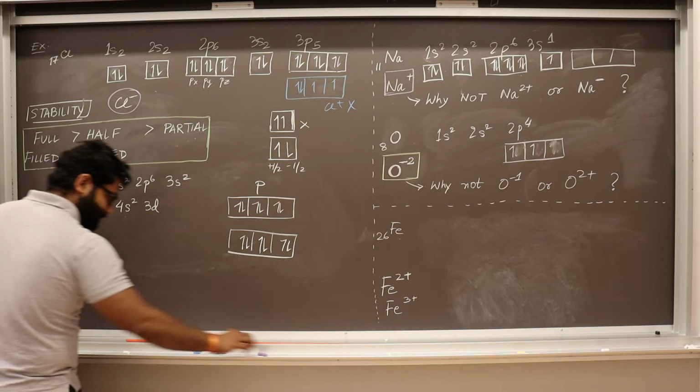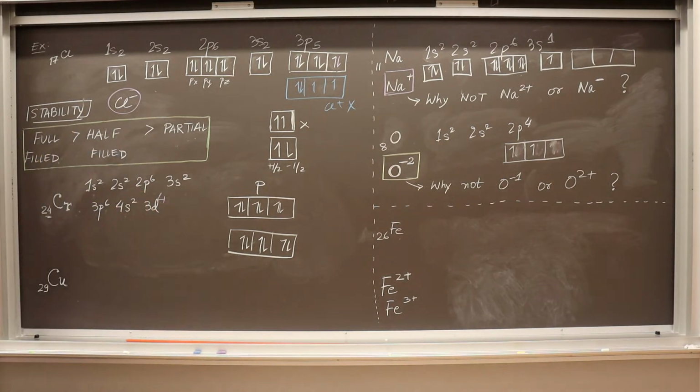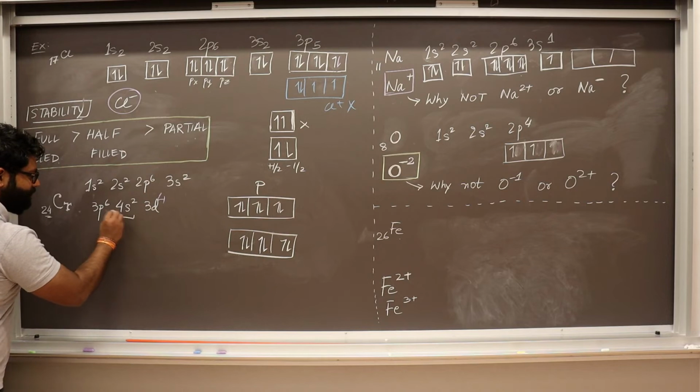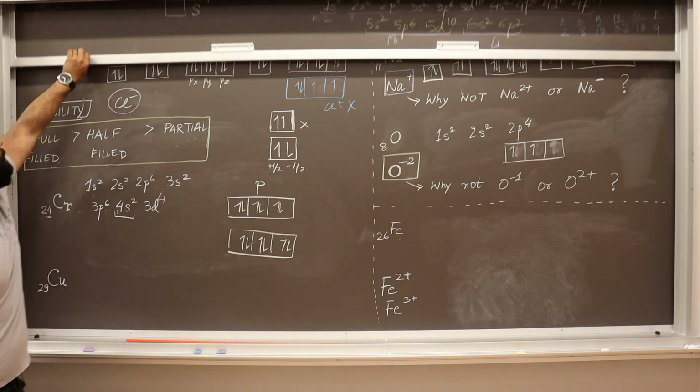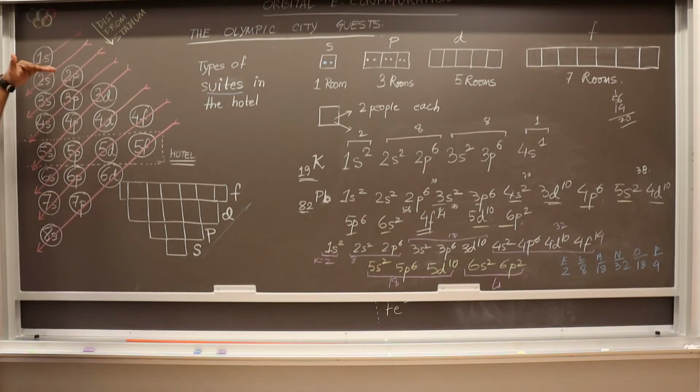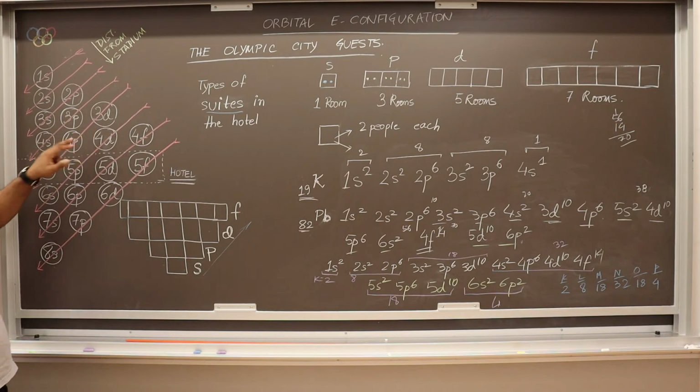Now, here is a case in which the last filled is not equal to the outermost. This 4 is the outermost. Why? Because this is the 4th shell, and the 4th shell is outermost, right? The filling order is 4s first and 3d after that. But what is the outermost? 4s is the outermost.